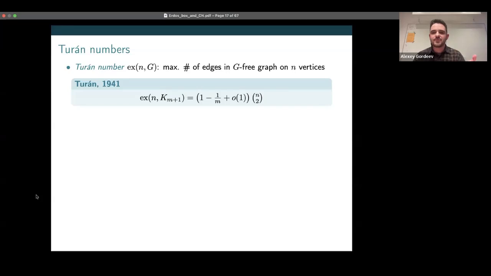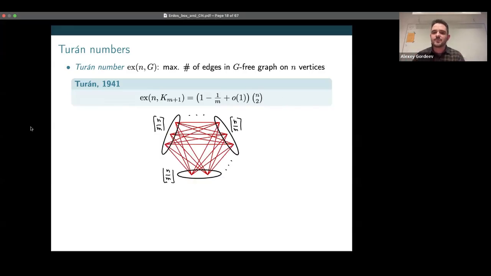The study of these numbers was started by Turán, who proved one of his famous theorems where, in modern terms, he determined the extremal number for a clique. He showed that this expression holds, where the extremal example, the graph on n vertices which has the most edges but doesn't contain a clique on m plus 1 vertices, is just an m-partite graph with parts of roughly the same size.